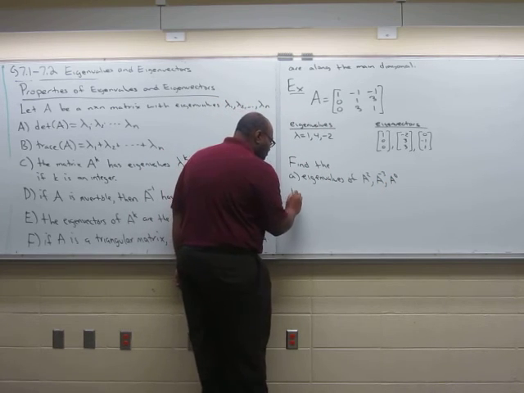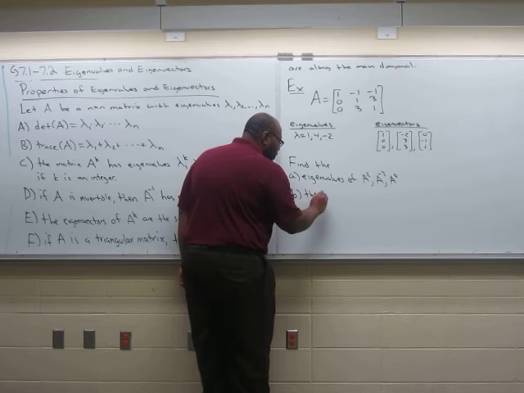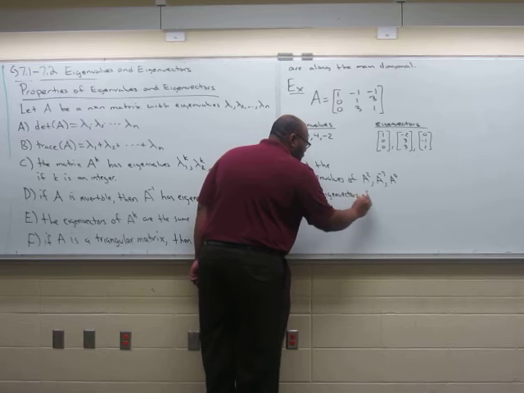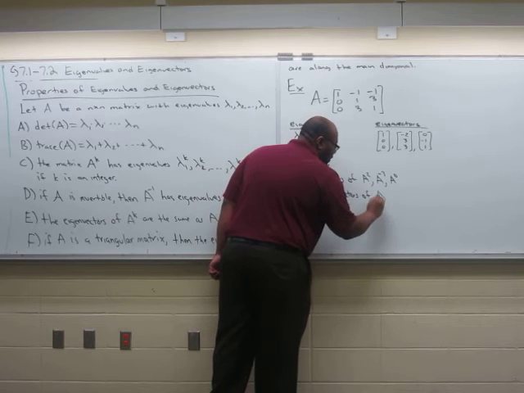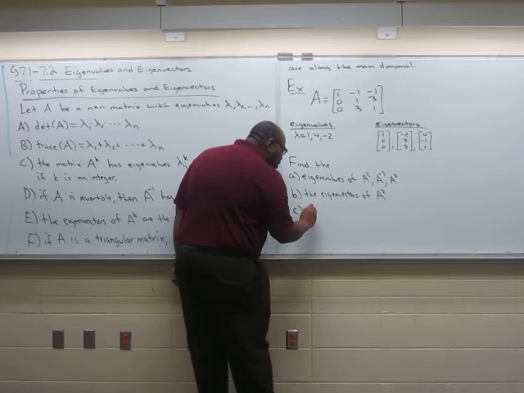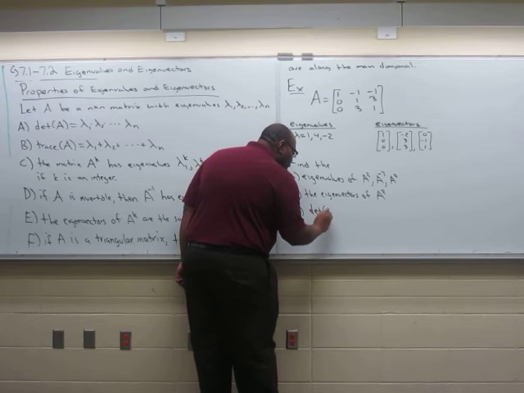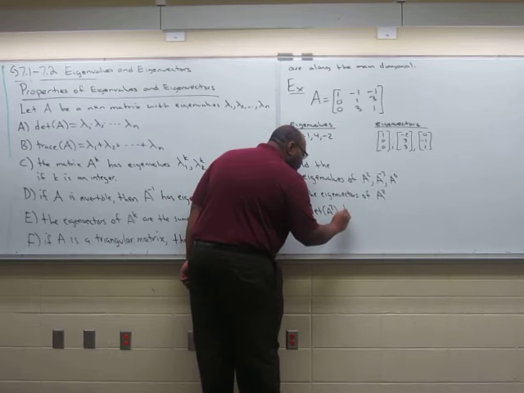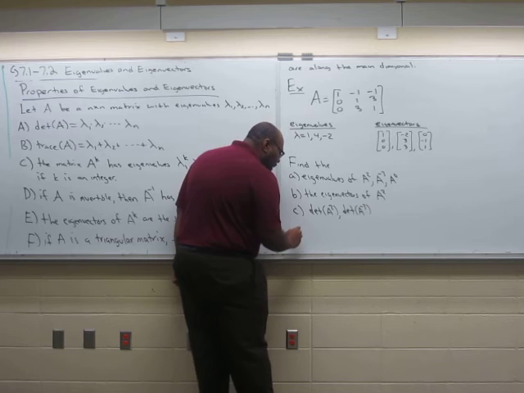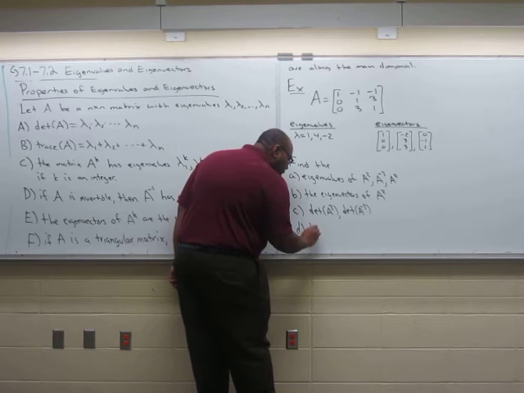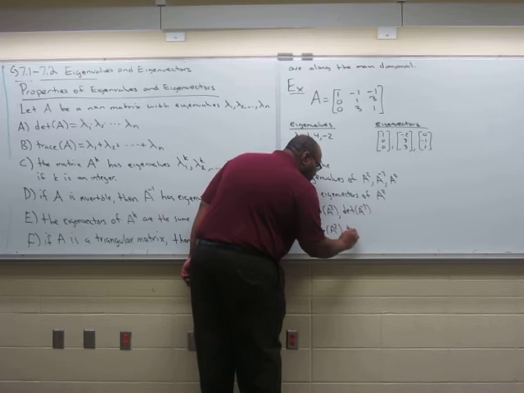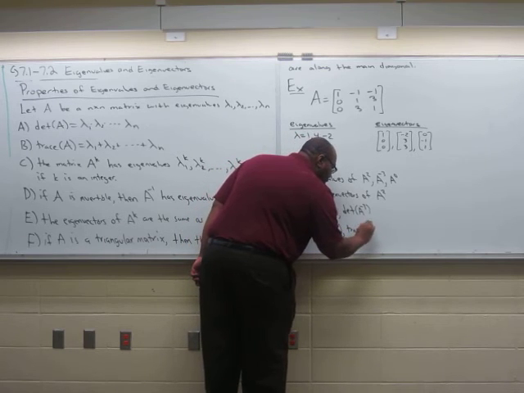B, the eigenvectors of A to the second. And C, what in the world is the determinant of A to the second? The determinant of A to the negative 3. And D, what is the trace of A to the second, and the trace of A to the negative 3.